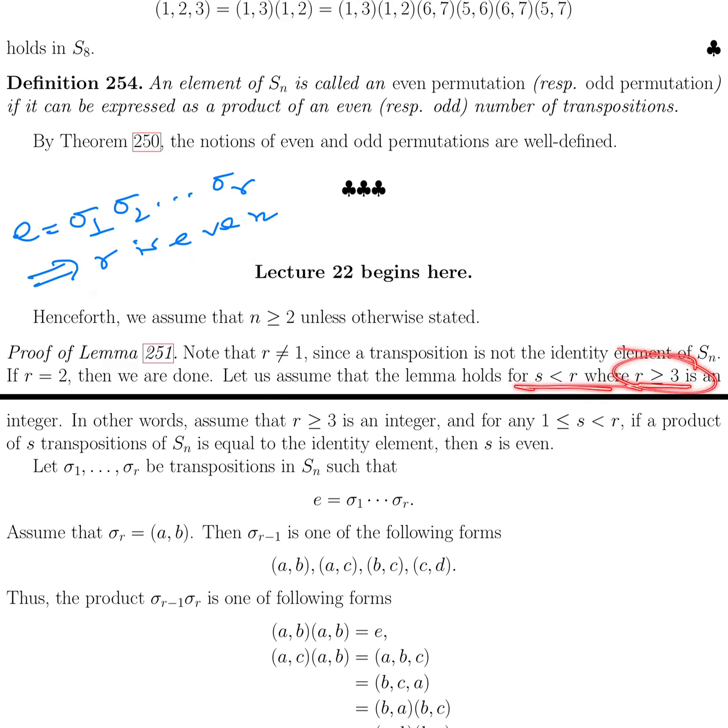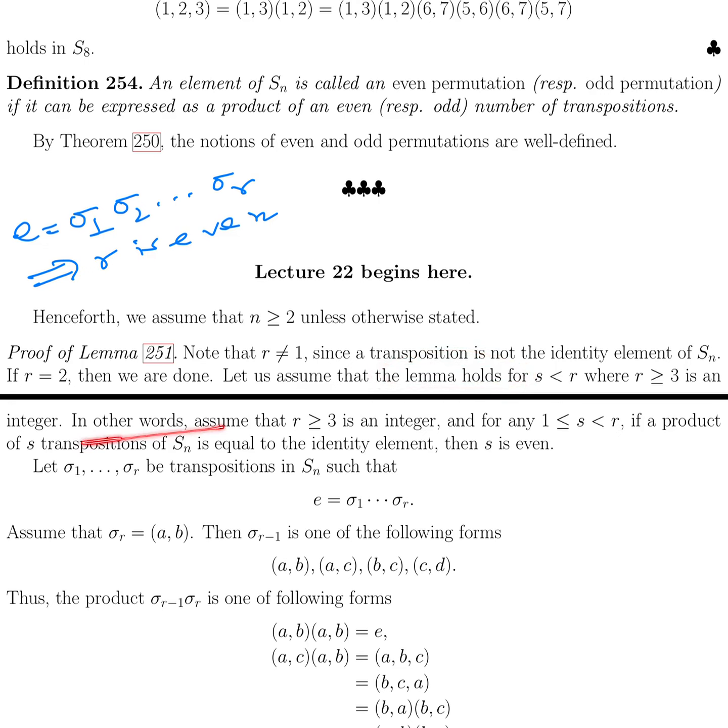And we can also assume that this lemma holds for all integers s less than R. That is, if the identity element is expressed as a product of s transpositions, for any transpositions that one may have, not specifically the sigma i's, then s has to be even. So that's what I mean by this lemma.